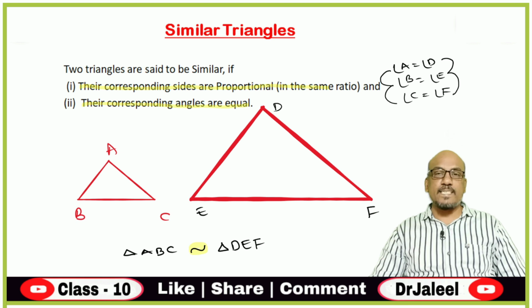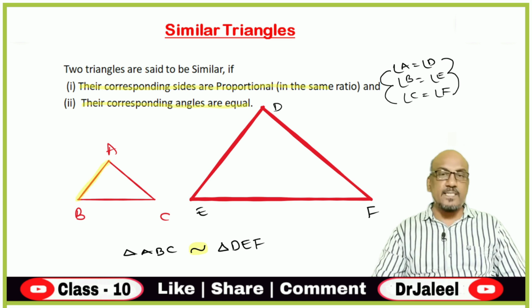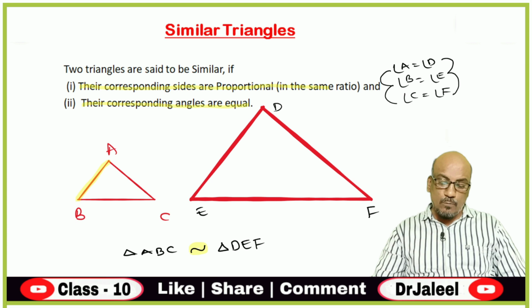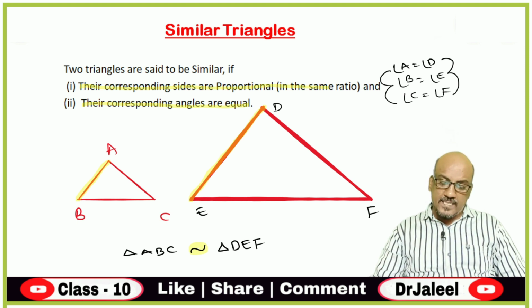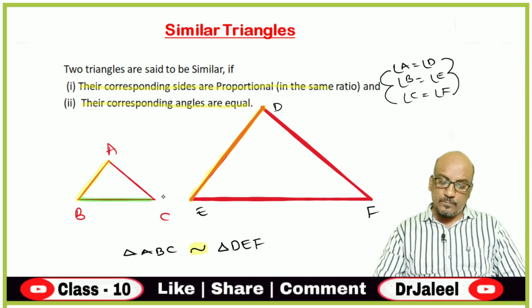So let us see about the second point. Sides are proportional. When I took this triangle ABC and dragged it, enlarged it, at that time what happened? AB is also enlarged, meaning AB is increased. And BC, this second side, was also enlarged and named as EF.